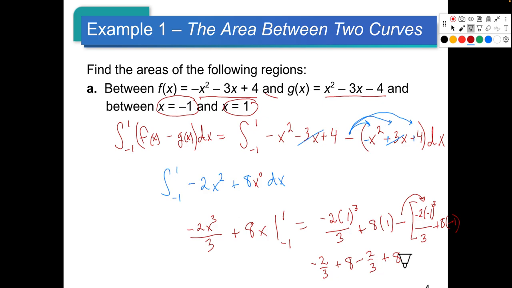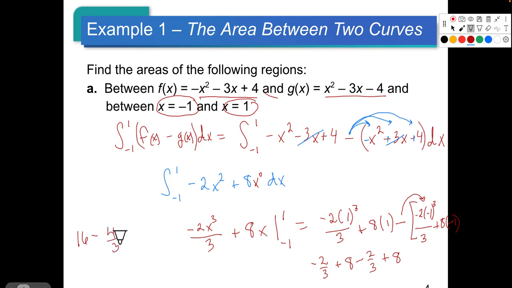Does it look like I messed up? Anyone catch anything? Good, because I got the advantage of having all your eyes watching what I'm doing. And so it looks like we're going to get 16 minus 2/3 minus 2/3. That's 4/3 minus 4/3.